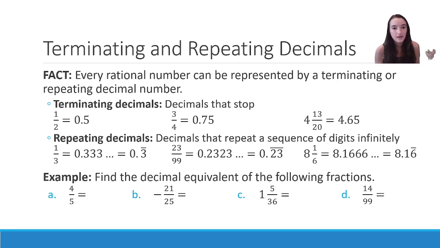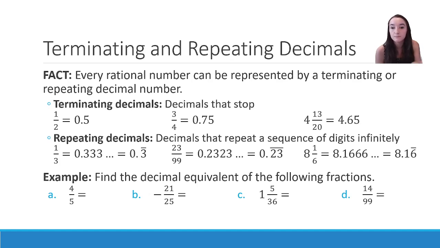Alright, so here we are going to find the decimal equivalent of the following fractions. What's nice about finding decimal equivalents is we have calculators to do this, so you'll be allowed to use a calculator. This is just a little bit of practice, so I'm going to go through this quickly.